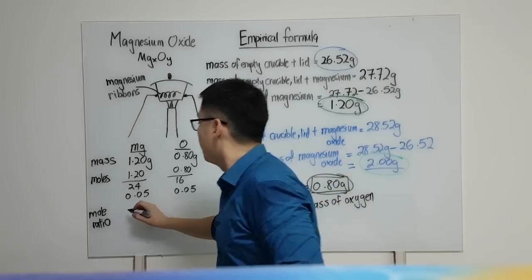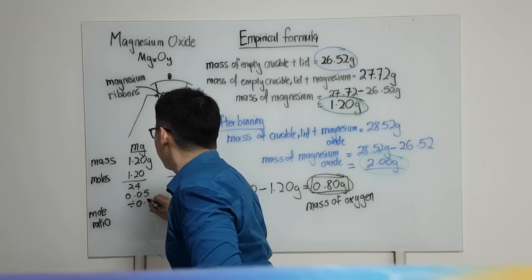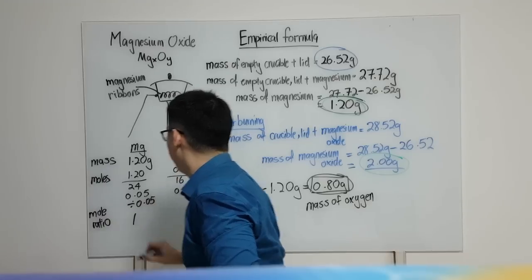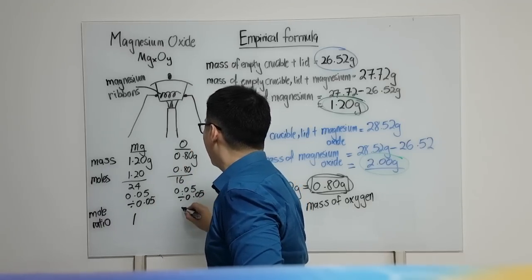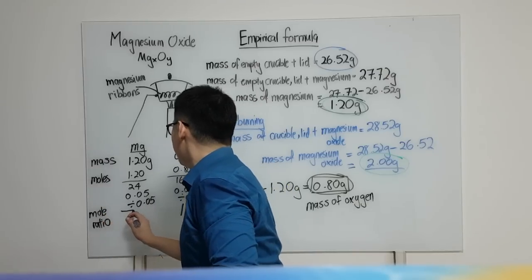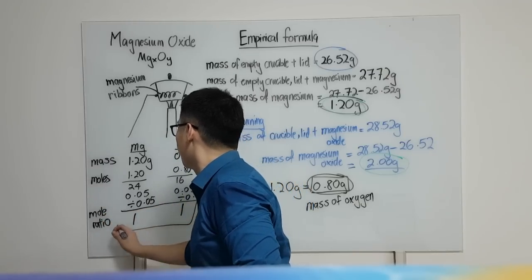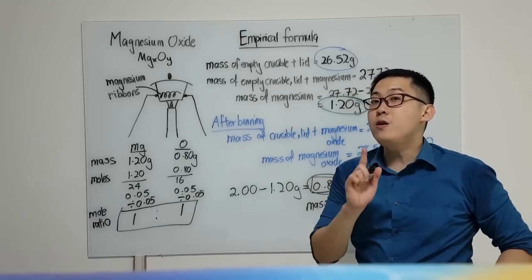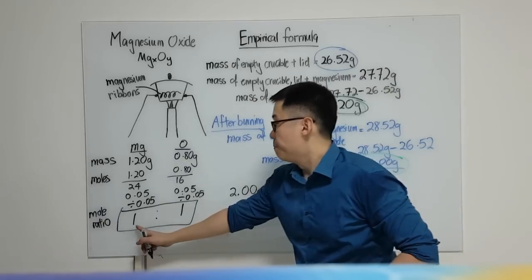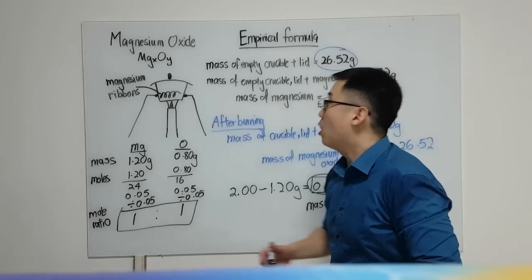Take this, divide by 0.05, I'll get 1. And take this, divide by 0.05, I'll get 1. Now, this mole ratio over here tells me that for every 1 mole of magnesium, I will have 1 mole of oxygen.